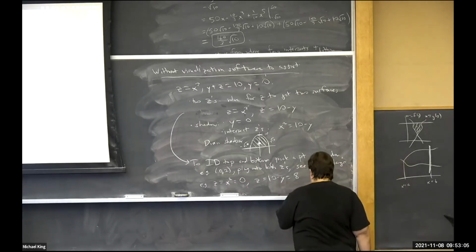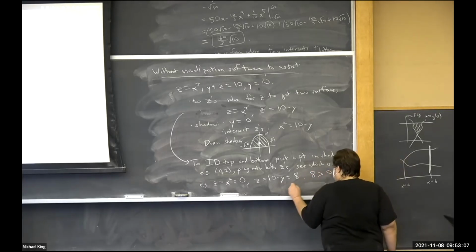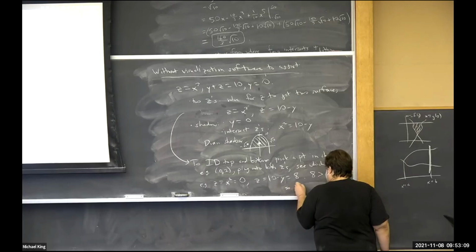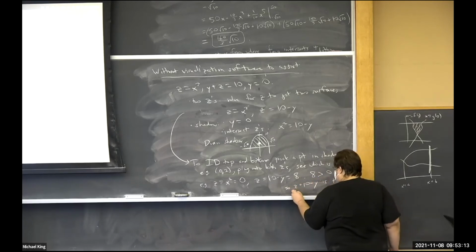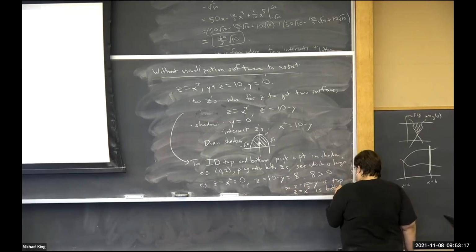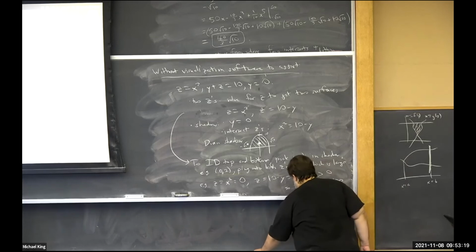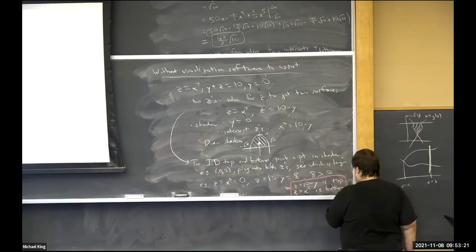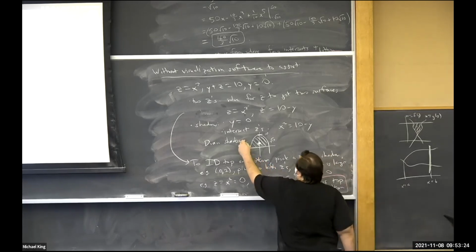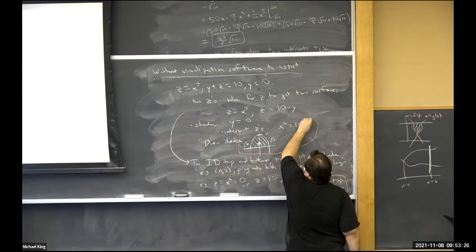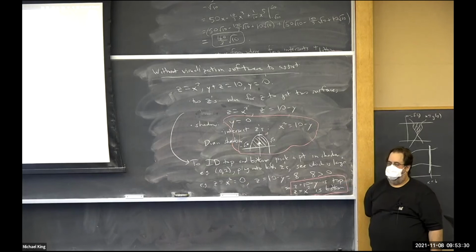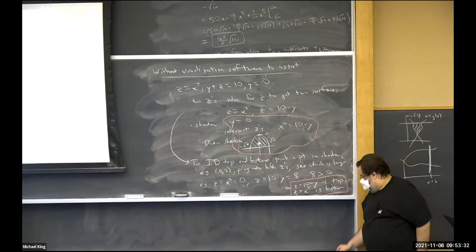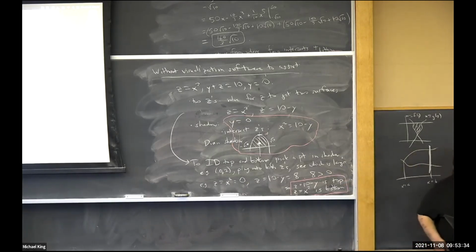So that means Z equals 10 minus Y is the top, and Z equals X squared is the bottom, which is what we saw in the pictures. But that's what we identified just from doing the analysis without pictures. Does that make sense?